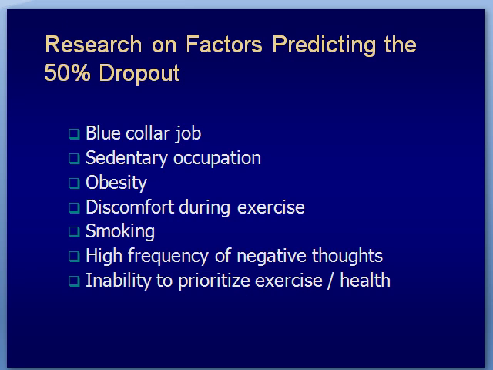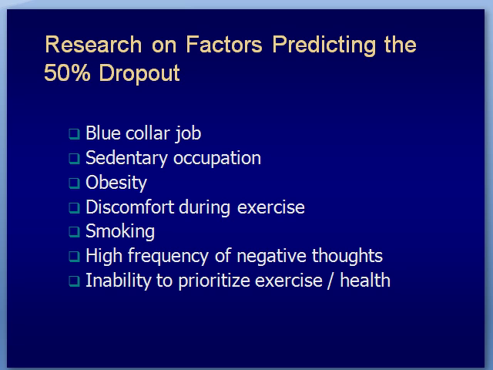And some other factors that are predictive of dropout would be having a blue collar working job, coal miner, working a mill, working a plant, straight up blue collar work, construction. Joining structured exercise facilities just doesn't stick very much.